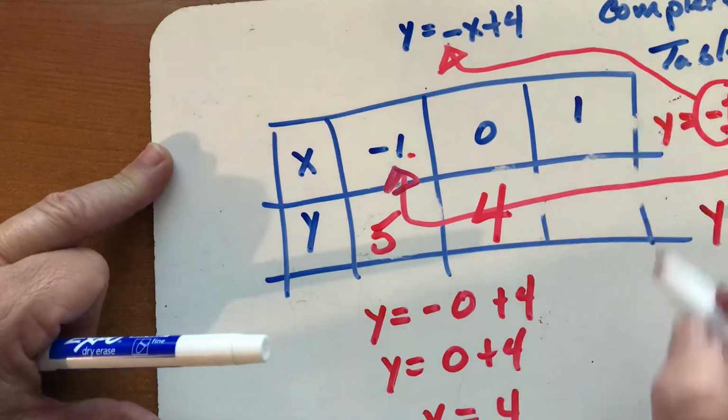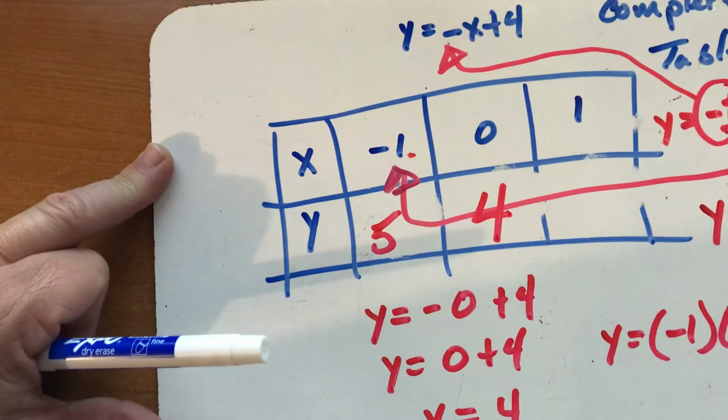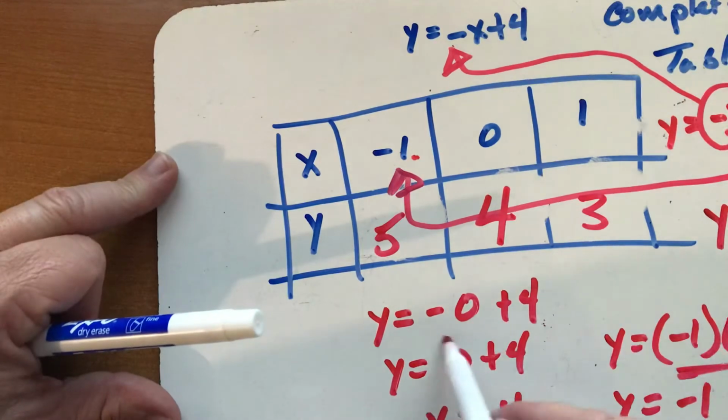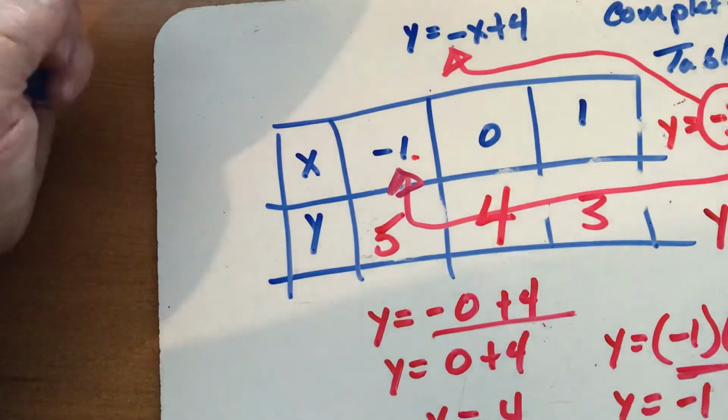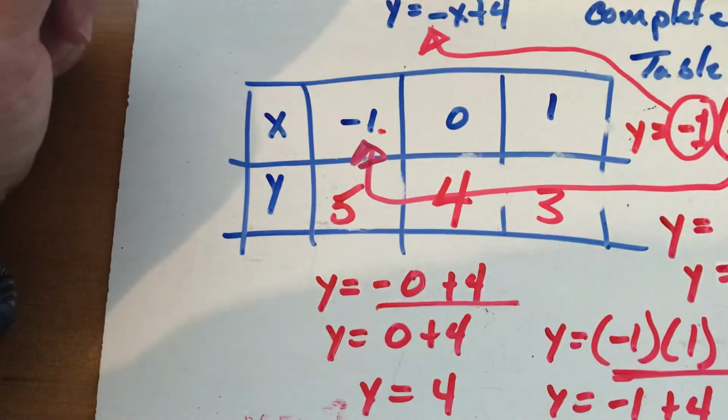And then finally, for 1, y equals a -1 times a +1 plus 4. Okay, so that's going to be, make that a -1 plus 4. So y equals 3. And again, you can plug all of this stuff in your calculator and crank it. But that's what it's asking for, in case it wasn't clear. You just plug and chug.